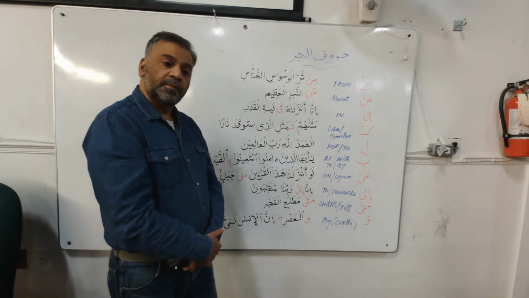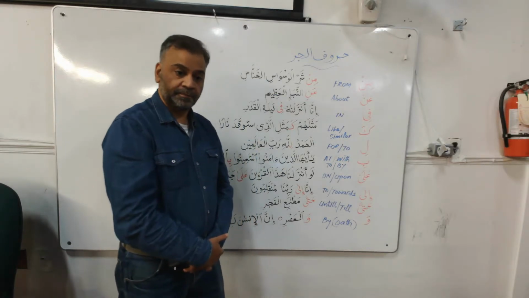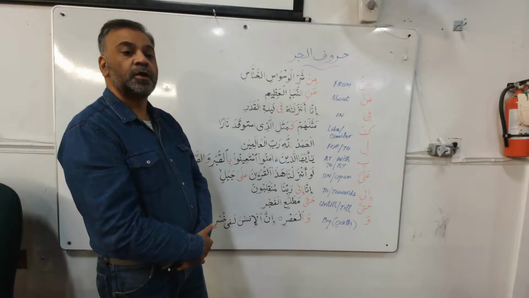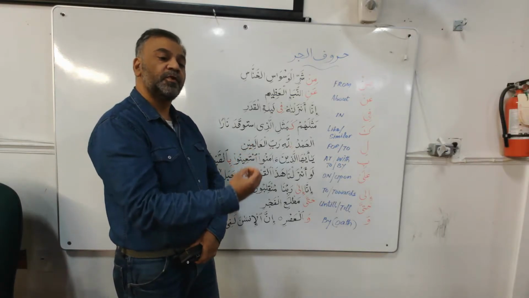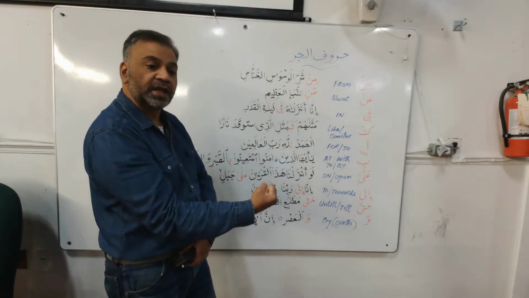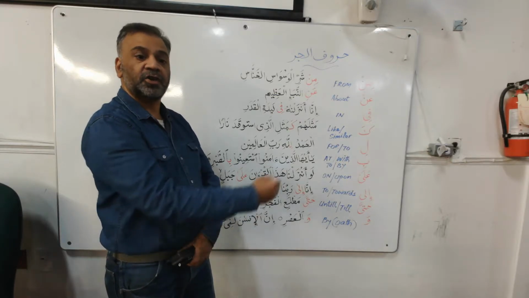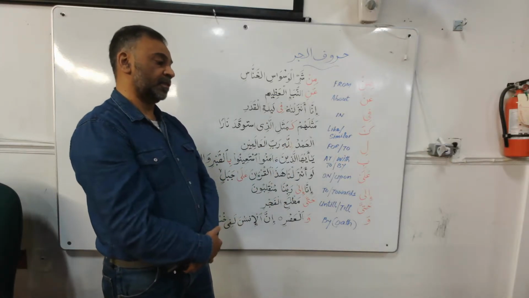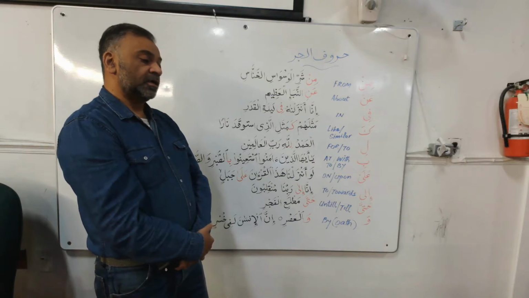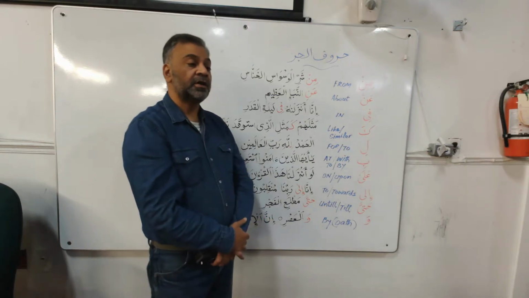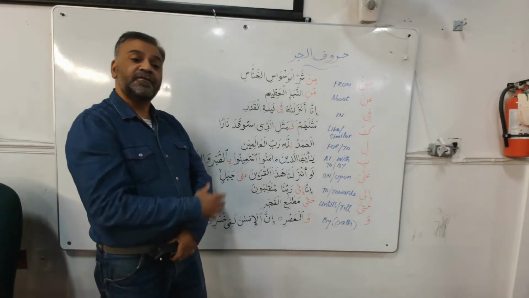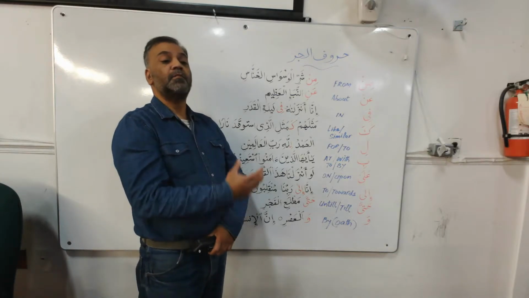So we were talking about huruful jarri, prepositions, the particles of pulling. When we say particle of pulling, that means it pulls down the ism that follows it into a majroor form. A noun by nature manifests itself in a marfu form.